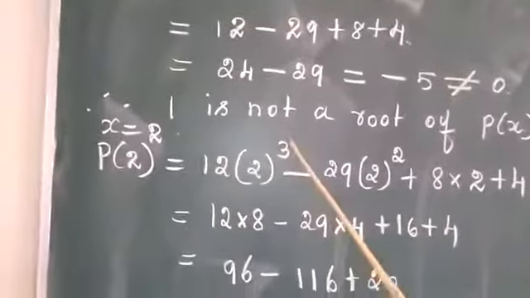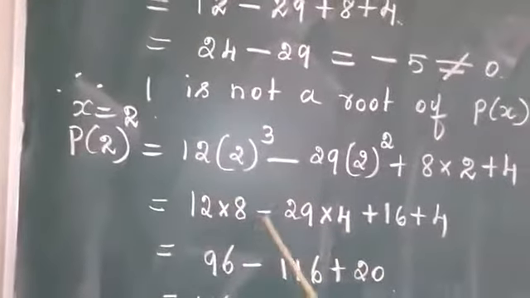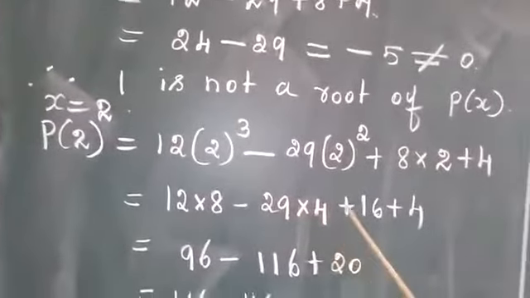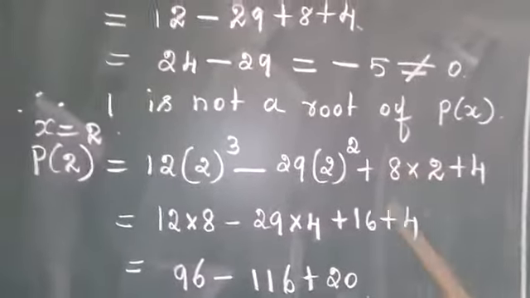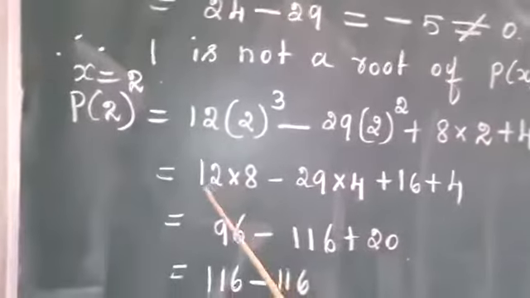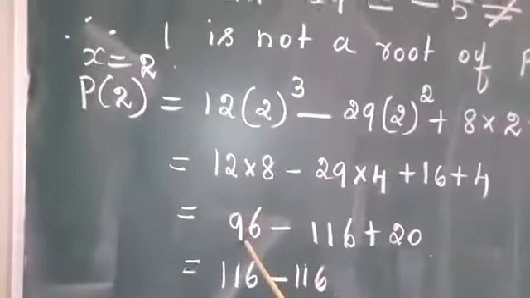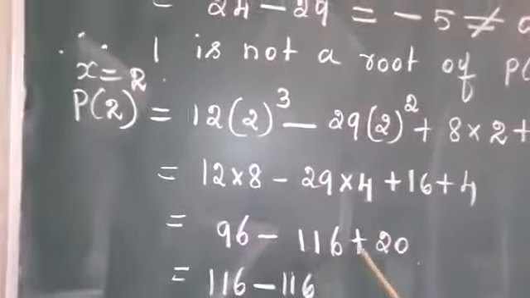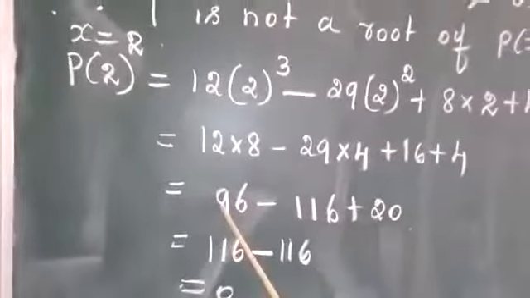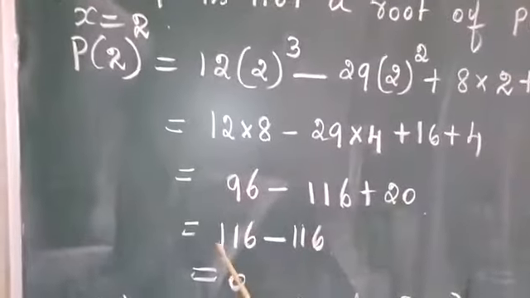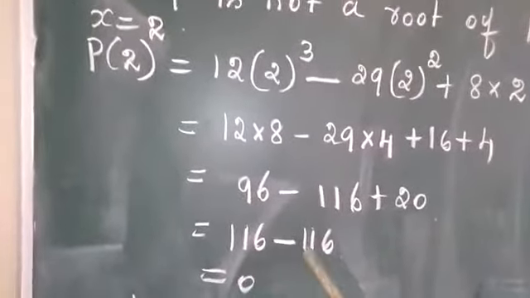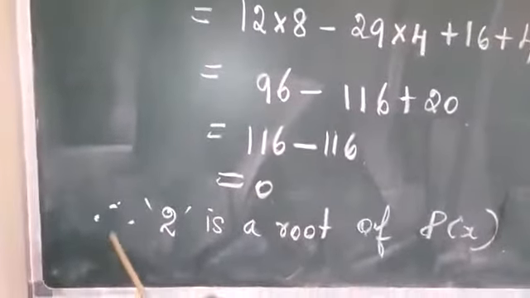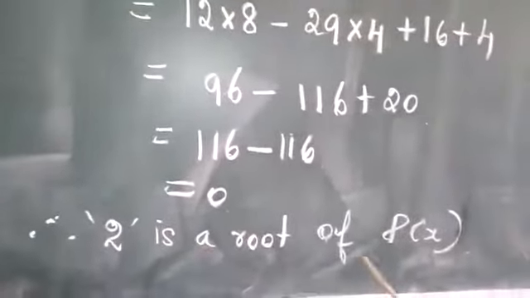Now 2 cube is 8, 12 into 8 minus, 2 square is 4, 29 into 4, plus 8 into 2 is 16, plus 4. If we multiply 12 into 8, we get 96, minus 29 into 4 is 116, plus 20. Now 96 plus 20 will become 116, minus 116. The value is equal to 0. Therefore, we can conclude here 2 is a root of p of x.